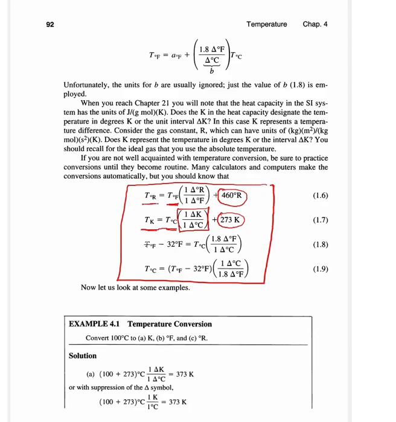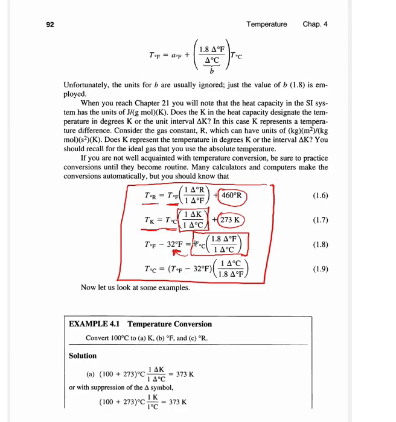Obviously, it's trickier to go between the two different relative temperature scales. To go from Celsius to Fahrenheit, you first have to multiply by 1.8, and then you can add 32. And that'll give you the temperature in Fahrenheit.